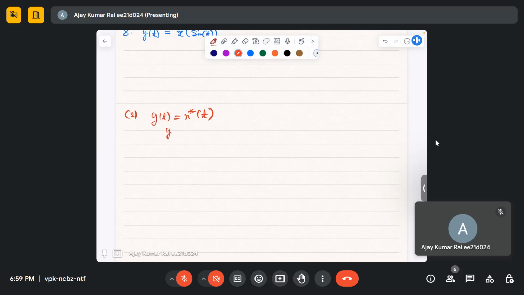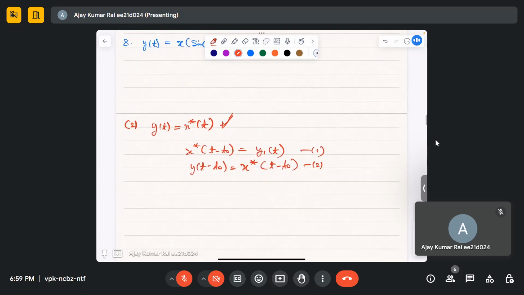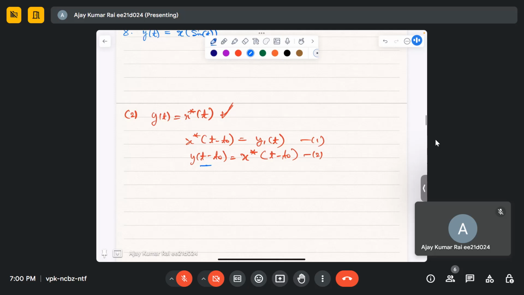So if I delay, what I'll get is x conjugate of t minus t naught, that I'll call y1 of t. So this is first. Then I will replace t equal to t minus t naught in this equation. So y t minus t naught is equal to, again, this one. If you see equation 1 and 2, both are equal. Then I'll say this is time invariant system.